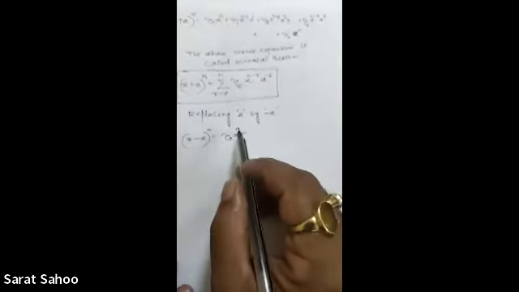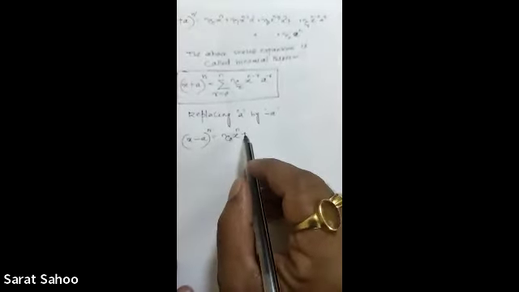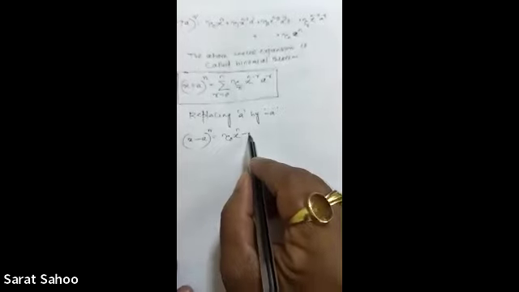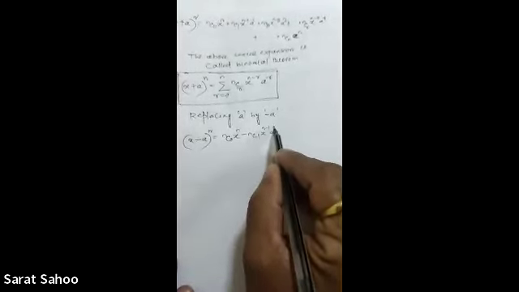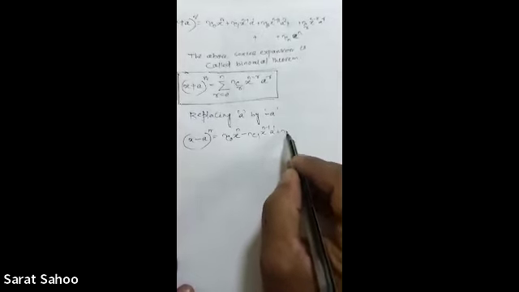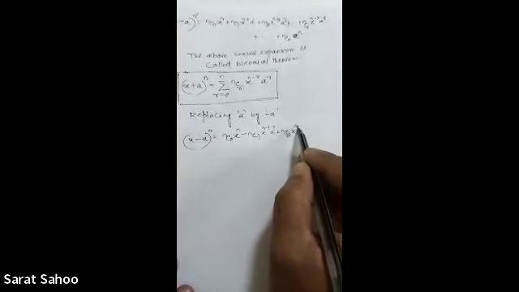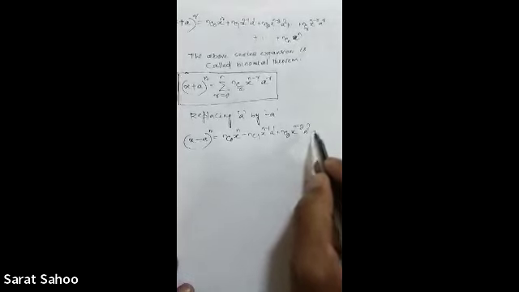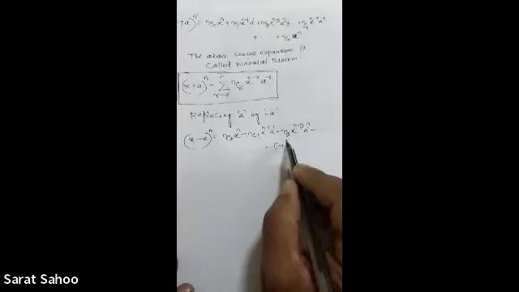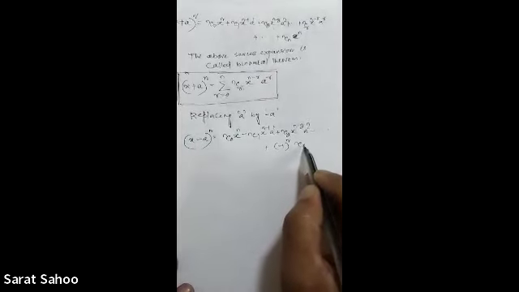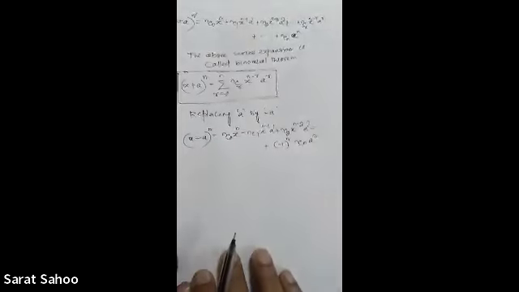So (x minus a) raised to the power n is equal to nC0 x to the power n, minus nC1 x to the power n minus 1 a to the power 1, plus nC2 x to the power n minus 2 a to the power 2, then up to minus 1 raised to the power n nCn a raised to the power n.